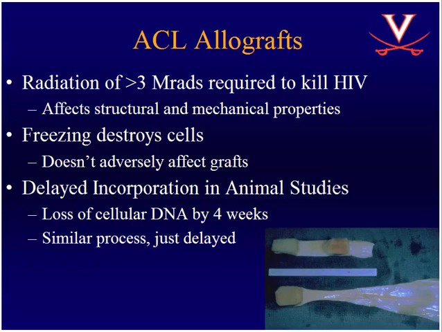Well, if you radiate up to 3 megarads, you might be able to kill HIV. Unfortunately, if you radiate that much, then you're going to kill your graft also. And so there's a big controversy about whether to radiate, whether not to radiate, etc. The bottom line is that most radiation available doesn't kill HIV. And therefore, probably the best is to sterilely harvest these grafts and to not irradiate at high doses.